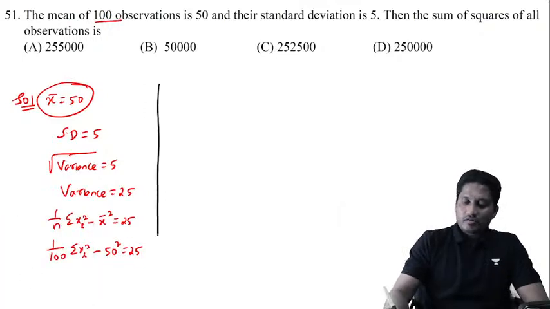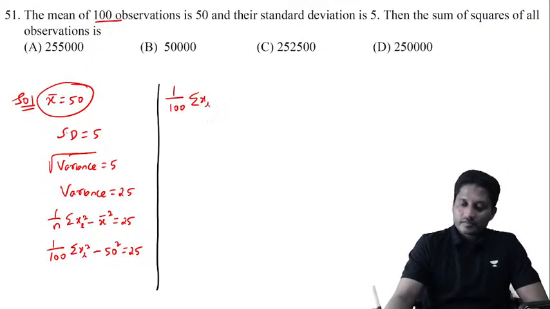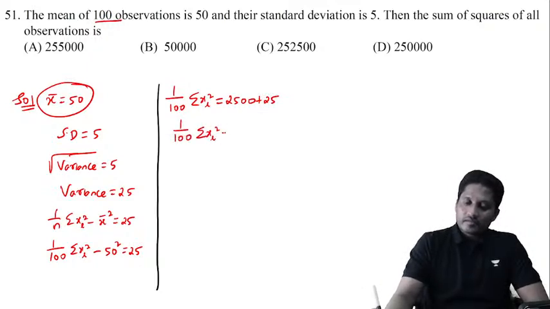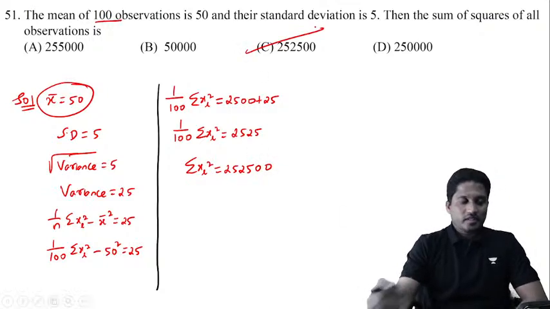Now if I cross multiply, you will get 1 by 100 into summation xi square is equal to 50 square, which is 2500, plus 25. So 1 by 100 summation xi square is equal to 2525. If I cross multiply, summation xi square is equal to 252500. Answer is option C.